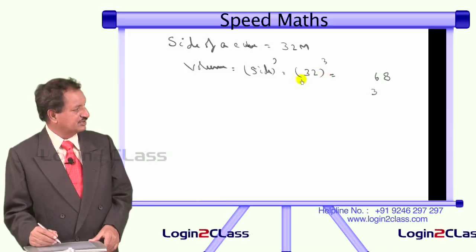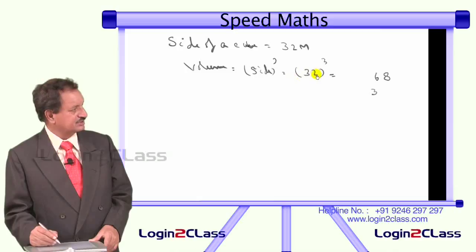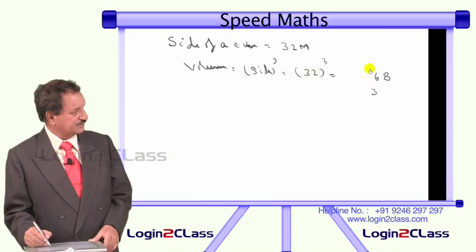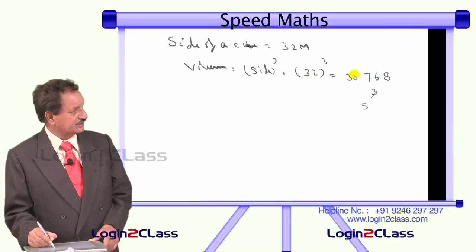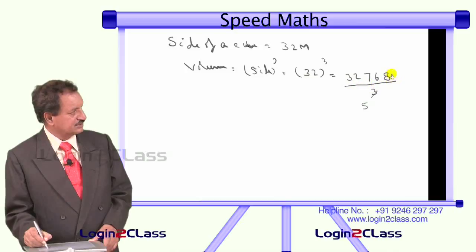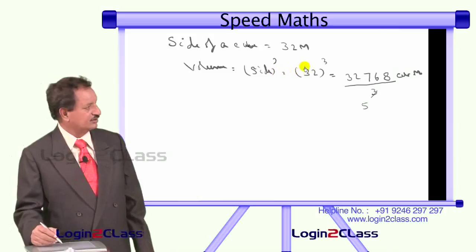Next 3a square b, 3a square is 9, 9 3 is 27, 27 2 is 54, 54 plus 3 57, and 5 outside. Here 3 cube is 27 plus 5 32, that is 32,768 cubic meters.